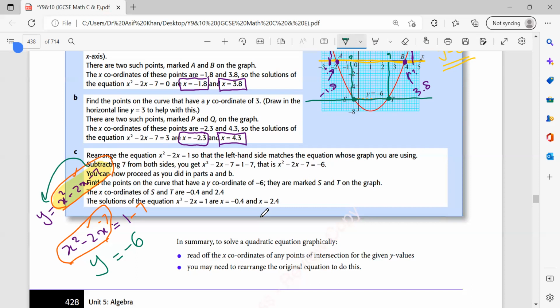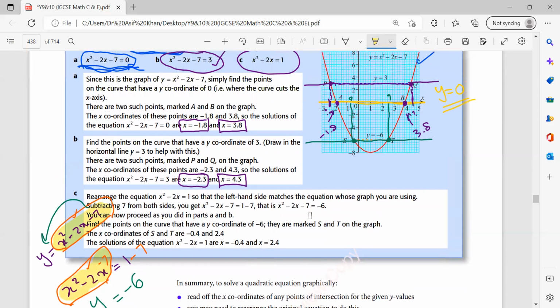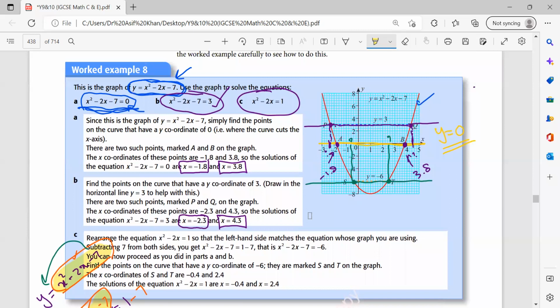So here it becomes the same thing as I required. When this becomes the same, I replace it with y. And on the other side, when I perform the calculation, I got minus 6. So here I draw the line y is equal to minus 6, and I got the solution.